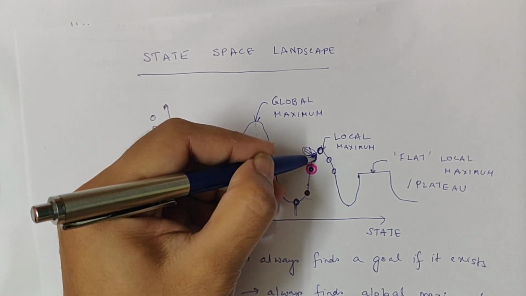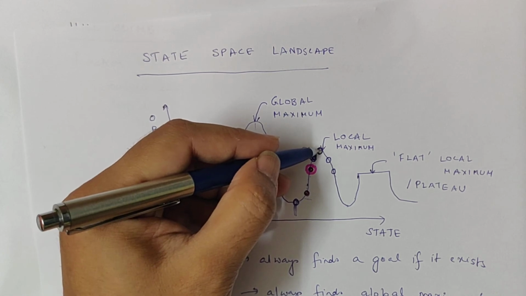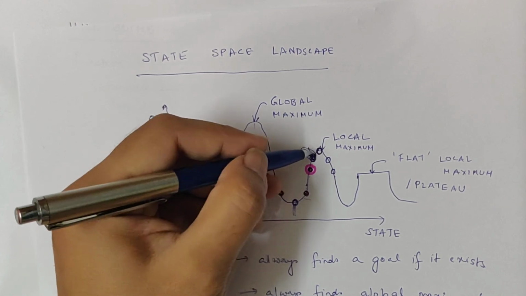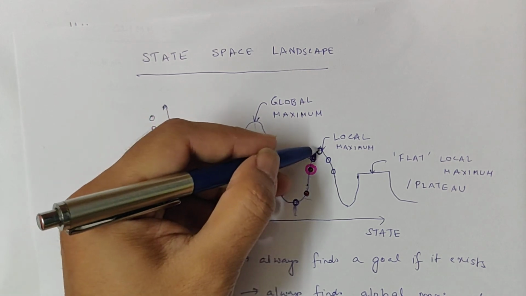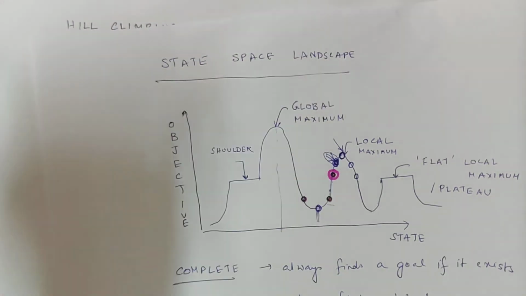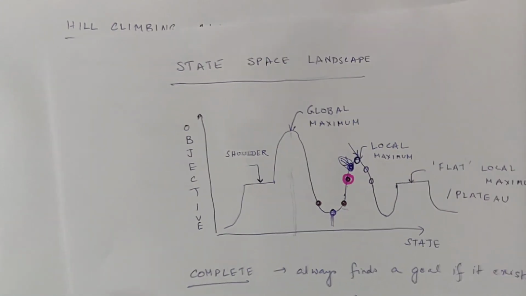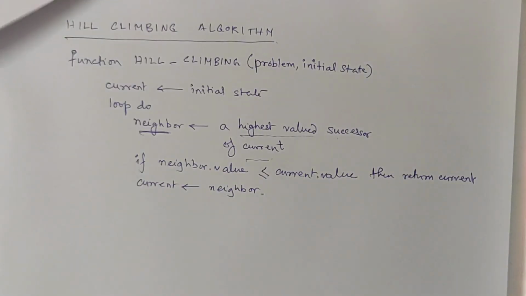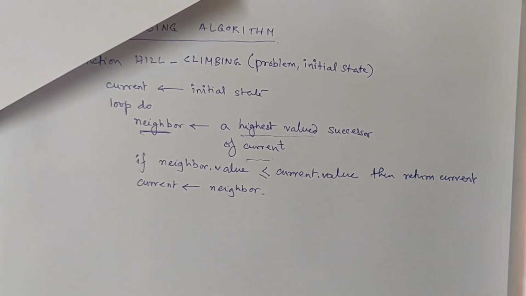Is my neighbor better than my current node? No. So what do I do? I do not use this neighbor node at all. I return the current state or current node as the solution to my hill climbing algorithm. So this is how the hill climbing algorithm works.